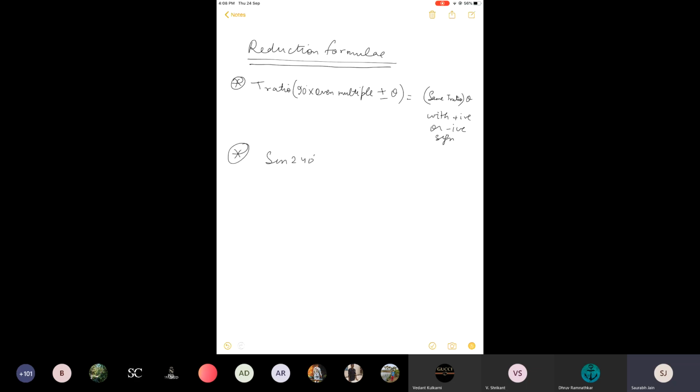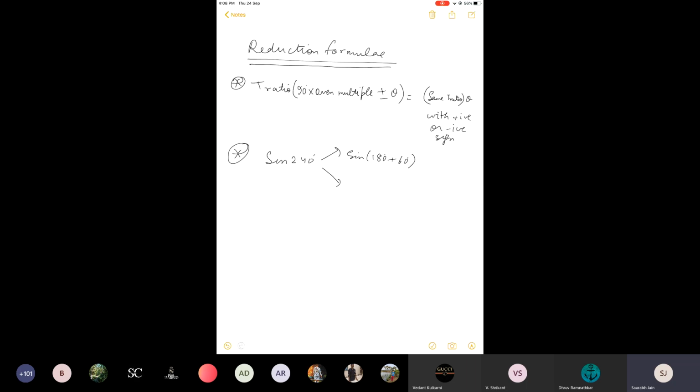So first of all, try to remember what I told you. This is in third quadrant. So we have two ways of splitting this angle 240. It is greater than 180 and less than 270, right? So either I can write it as 180 plus 60, or at the same time I can write it as 270 minus 30.